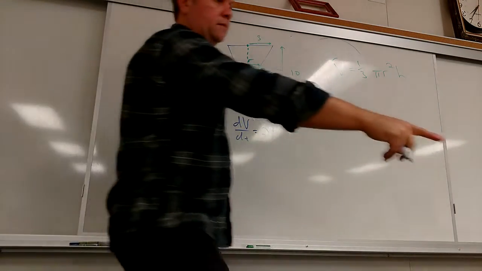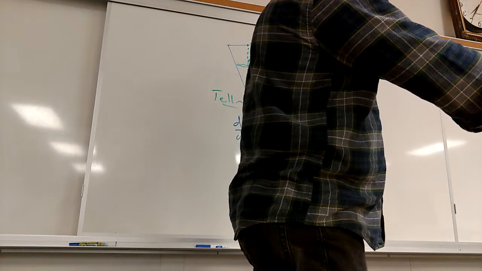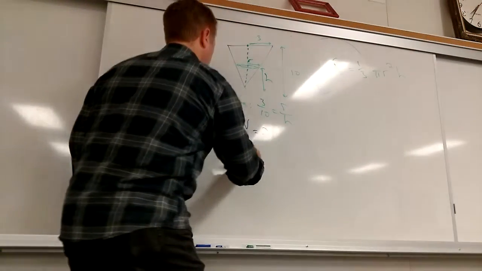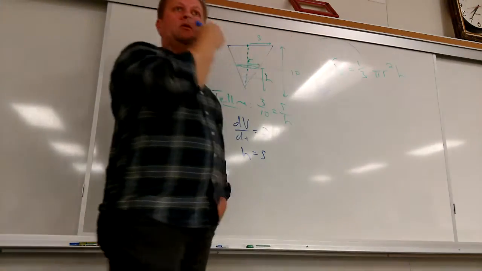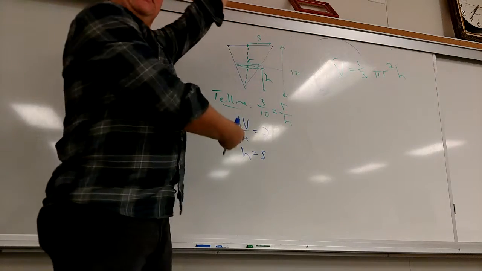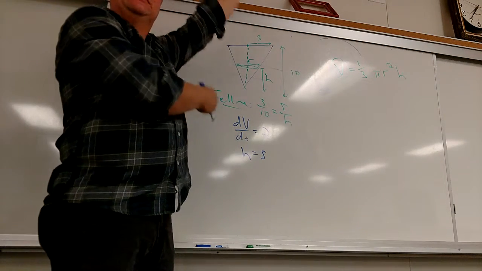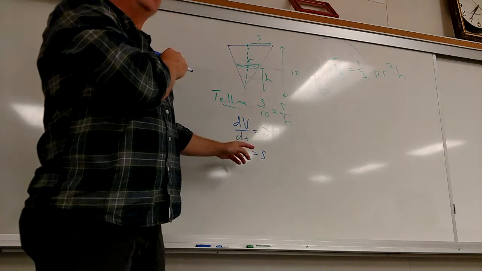And what else did they tell me? H is 5. So what letter do I want to stay alive here? What letter do I want to keep, considering what I know? What do I know something about?